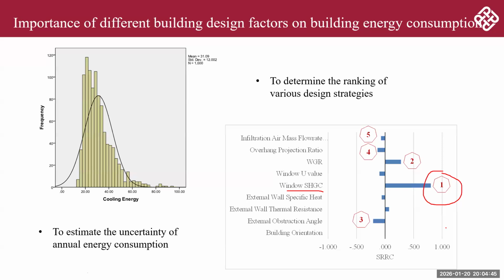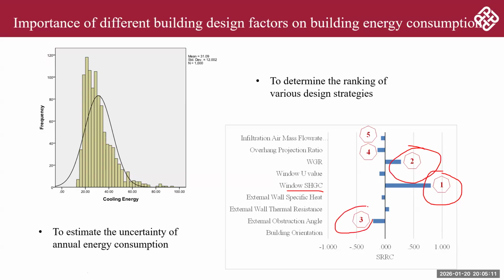It's how much solar energy will be introduced into the space. So first comes solar heat gain coefficient, and second, window to wall ratio, that means the ratio of the window areas. These two are for windows.